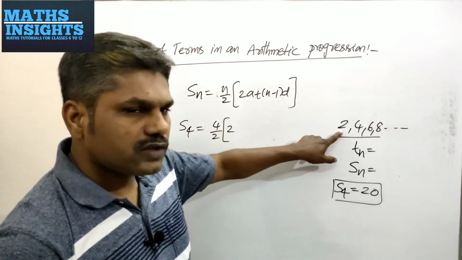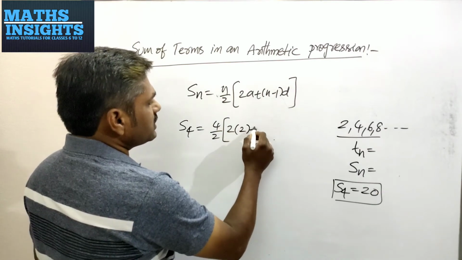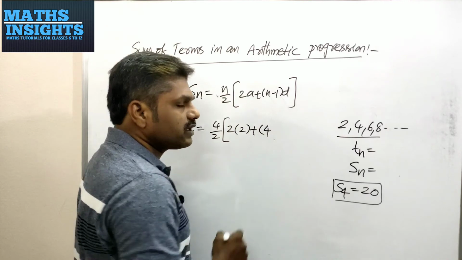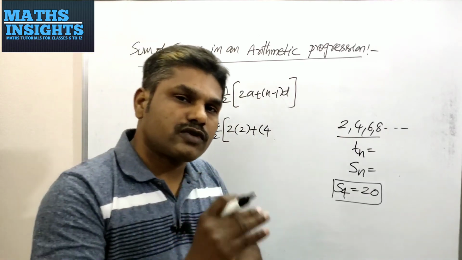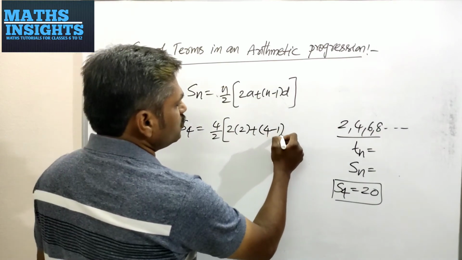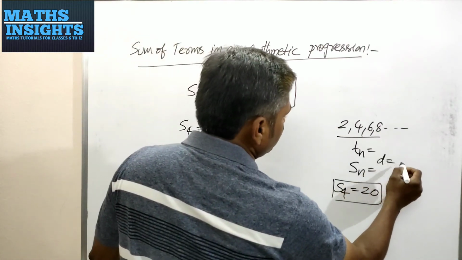A is the first term of the arithmetic progression, that is 2, plus 4 minus 1 into d. D is the common difference.